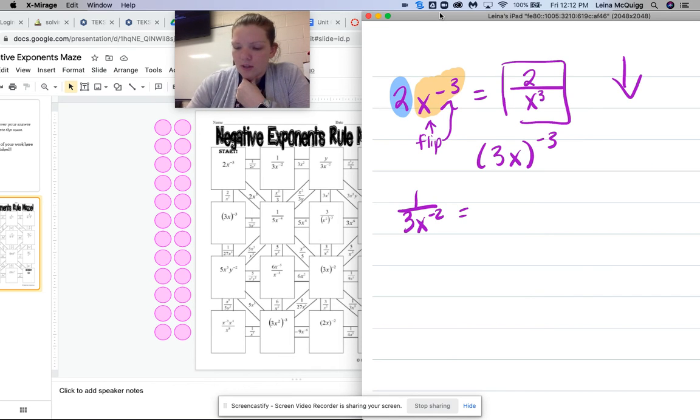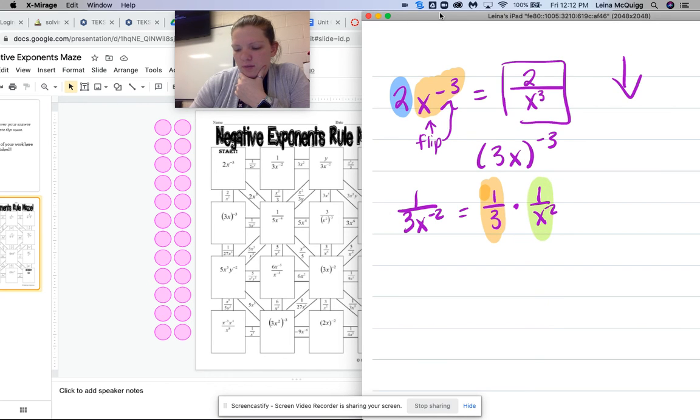So now we can rewrite this as 1 over 3 times 1 over x to the power of negative 2, okay? So that means I have this piece and I have this piece. So I have two different things.